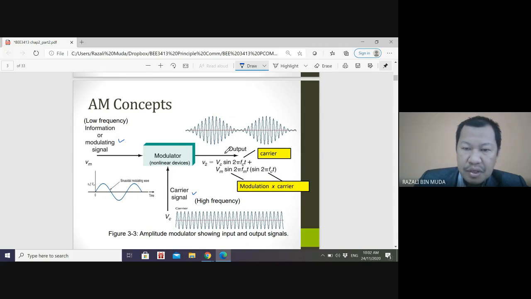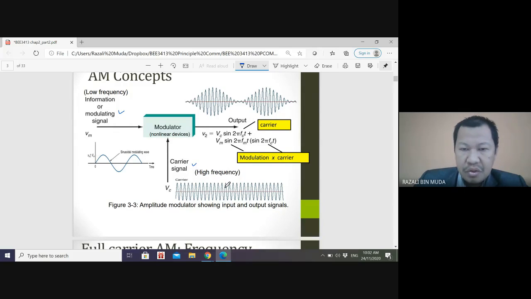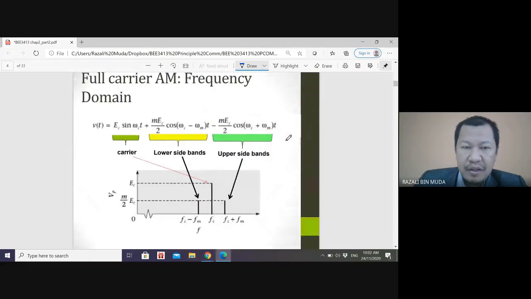So basically the output is the carrier signal plus the product of the modulating signal and the carrier signal. So the output is the envelope type AM signal. We have discussed this in the last chapter, so we'll go briefly today.